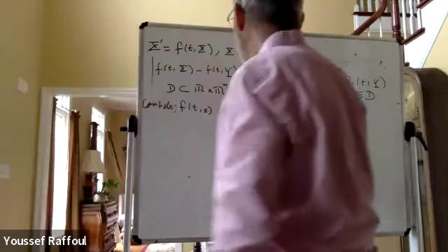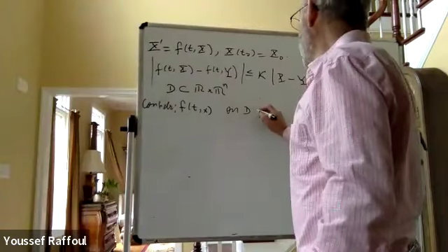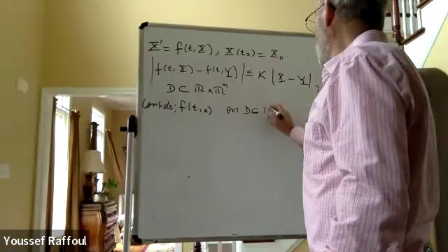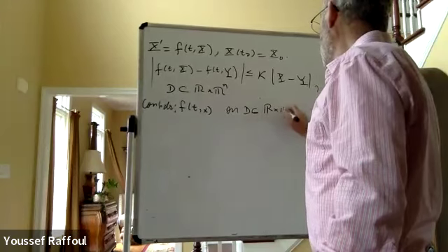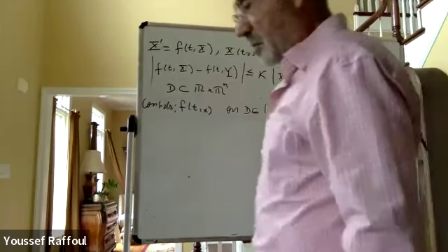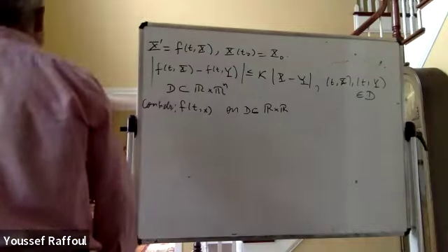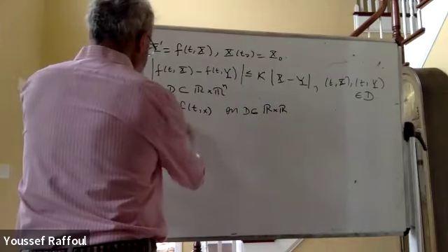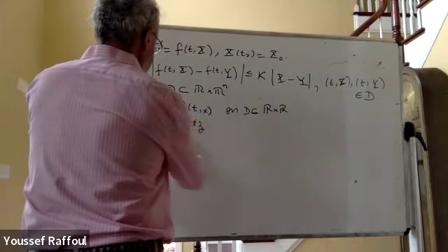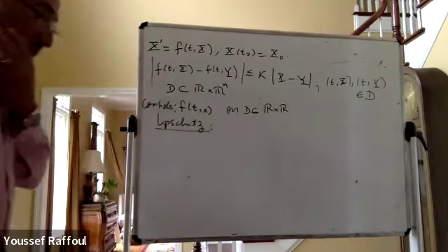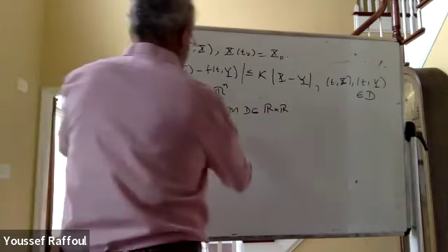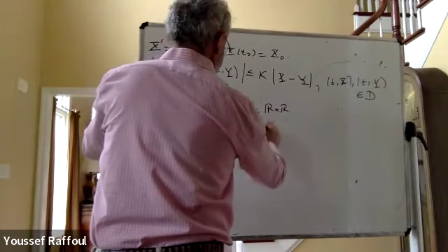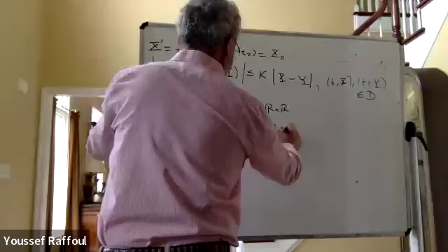So I want to go back here on a set D, which is included in R cross R. So this is a scalar function. Let's say Lipschitz. So what is the Lipschitz condition? We're going to have f of t,x1 minus f of t,x2.